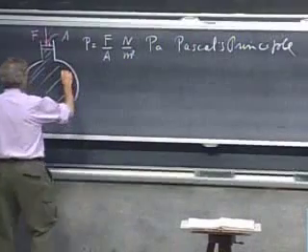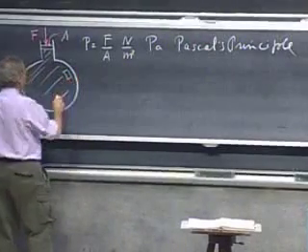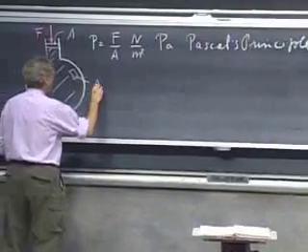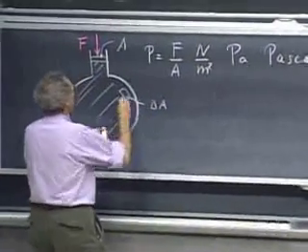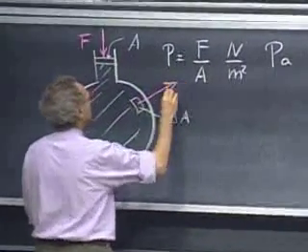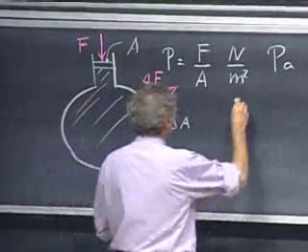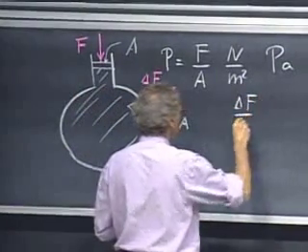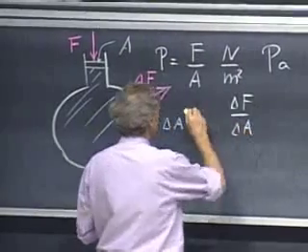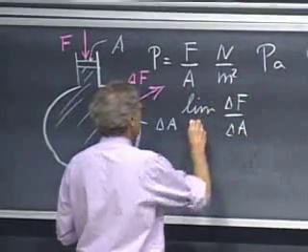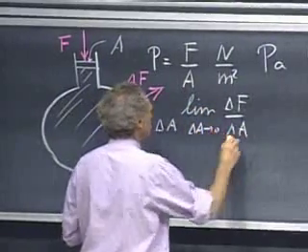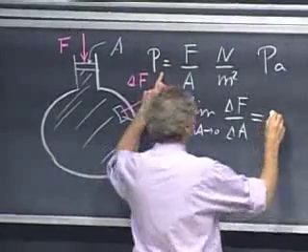So if I take any element, I take one here at the surface, a little element delta A, then the force must be perpendicular to that surface, delta F. And so delta F divided by delta A, in the limiting case for delta A goes to 0, is then that pressure P.